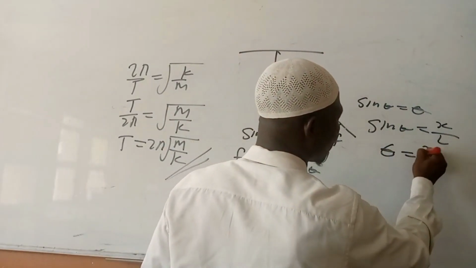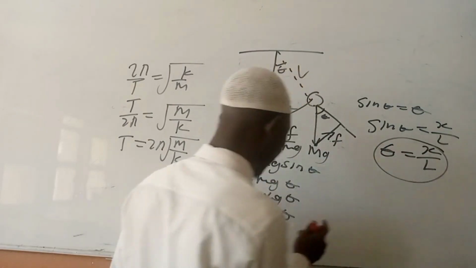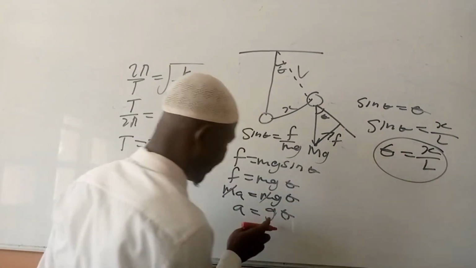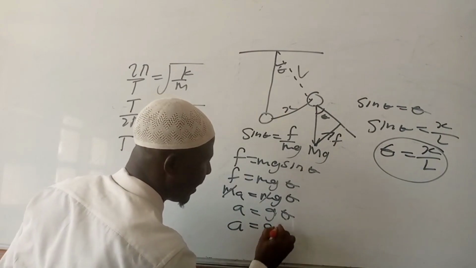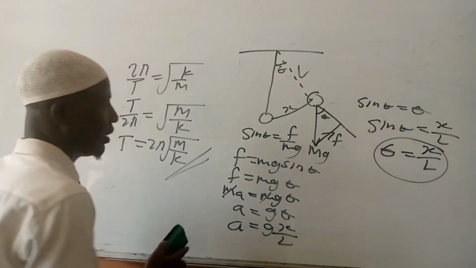Therefore, theta is equal to x over L. Then replace theta with this here. Substitute it here. Therefore, we have a is equal to gx over L.